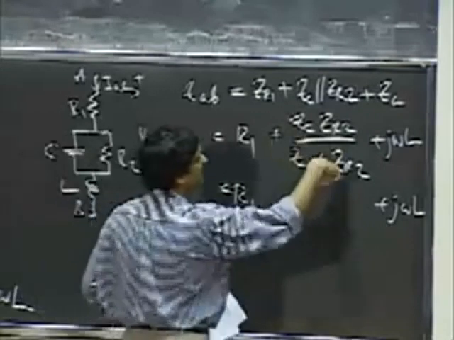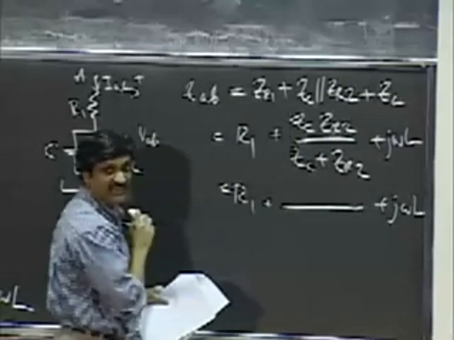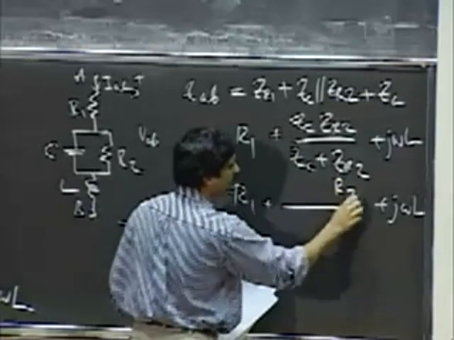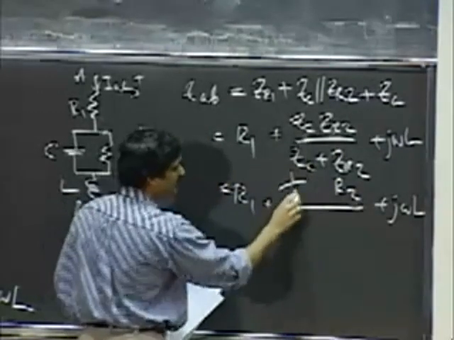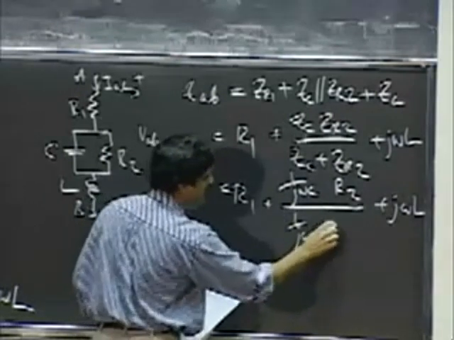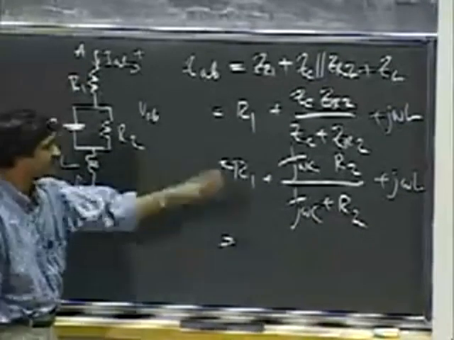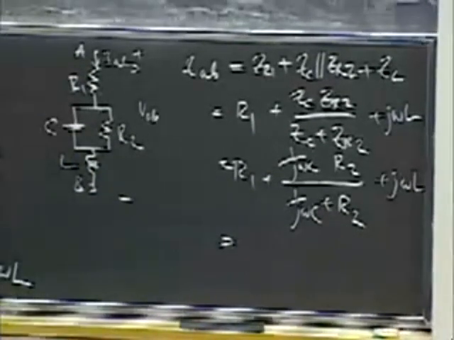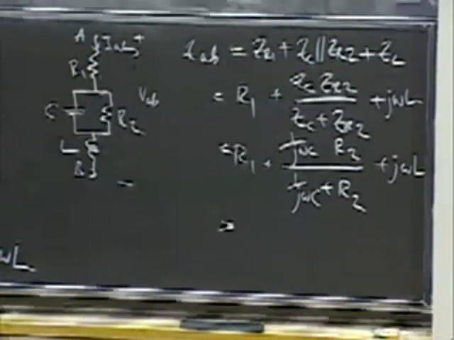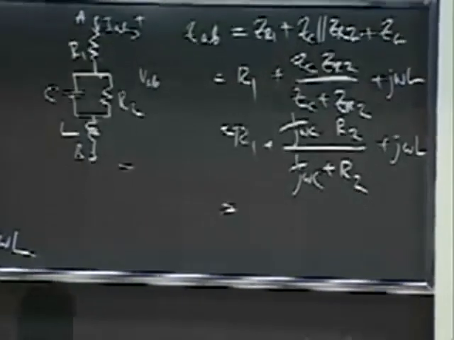And let me just substitute the values here. So I know that ZR2 is simply R2. ZC is 1 by j omega C, and then 1 by j omega C plus R2. And I can go ahead and simplify that further and get my impedance ZAB. So notice how simple our analysis has become.